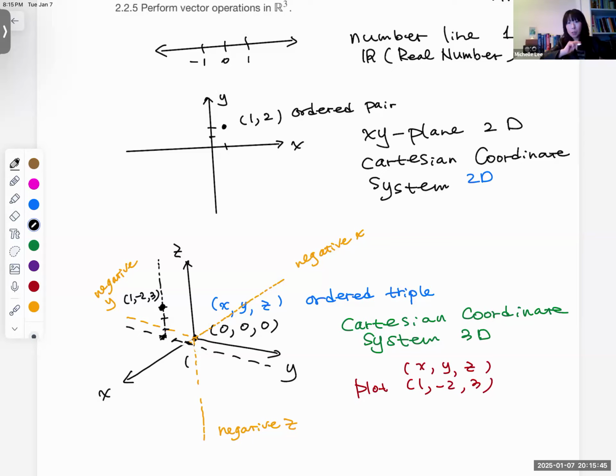Okay, let's do one more. Let's plot the point 4, 3, negative 5. How about that, right? 4, 3, negative 5. Okay, so the previous one was 1, negative 2, 3.